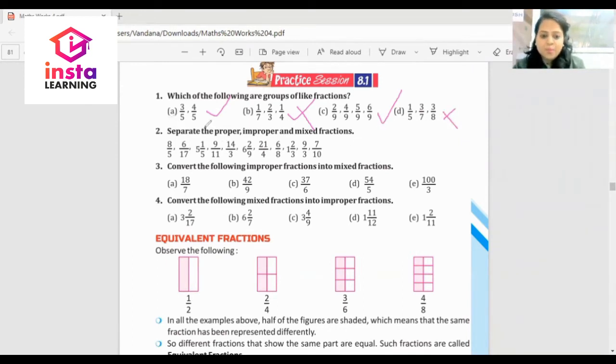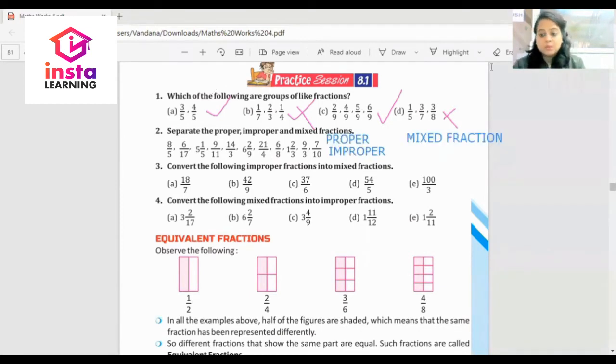Now separate the proper, improper and mixed fraction. So students, first you have to tell me the definition of proper fraction. Can you tell me the definition of proper fraction? Come on, tell me students.